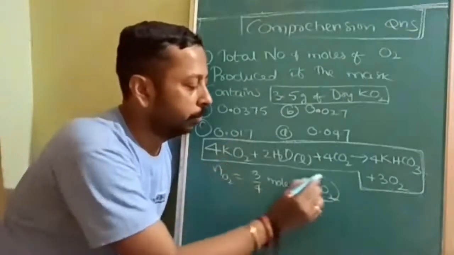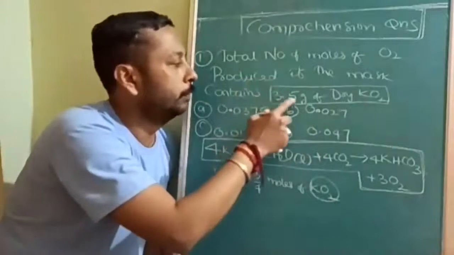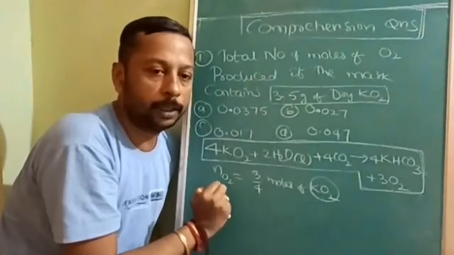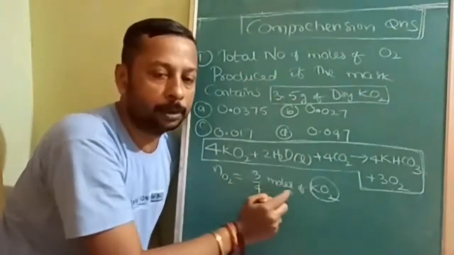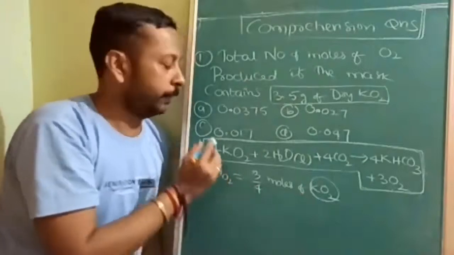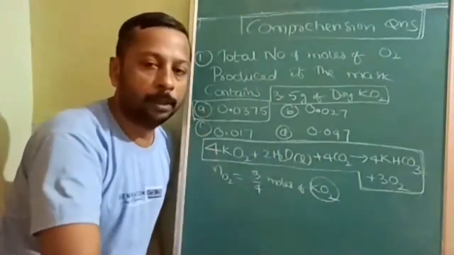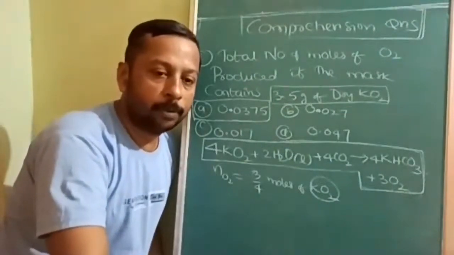Now you need the KO2 moles. For that, convert 3.5 grams into moles, then the moles of O2 is 3 by 4 into moles of KO2. On simplifying you will get 0.0375.